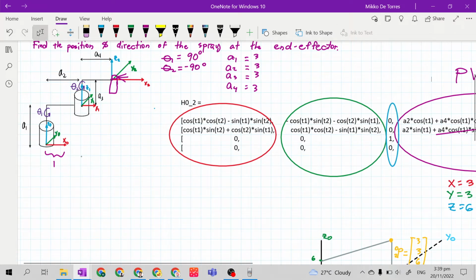So let's put some label. The columns of the rotation matrix represent the reference frame.